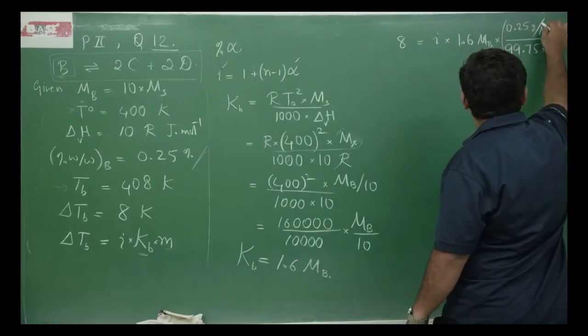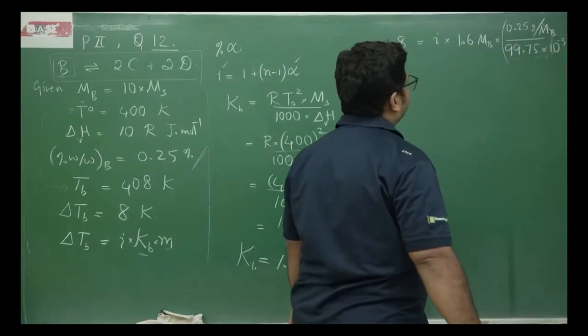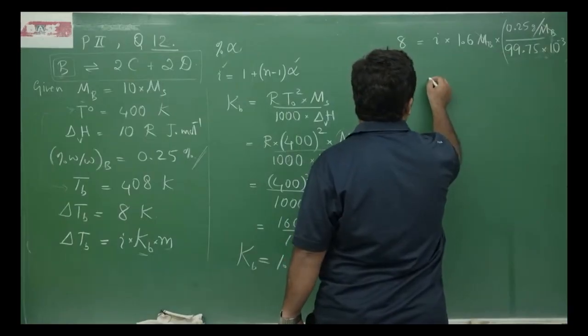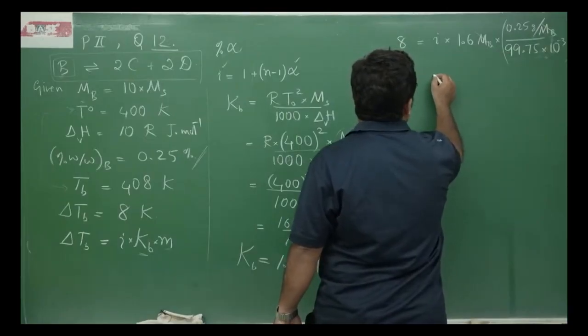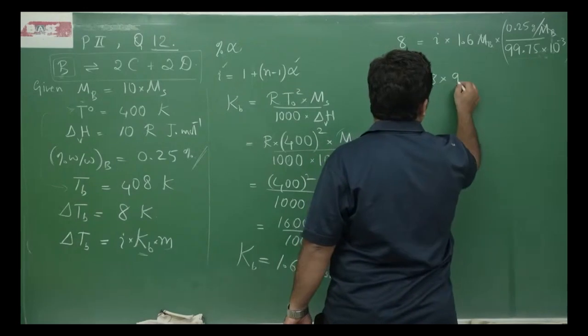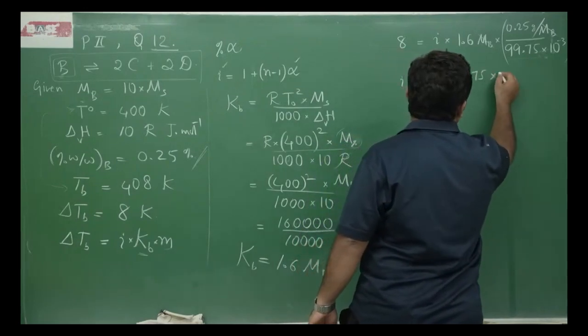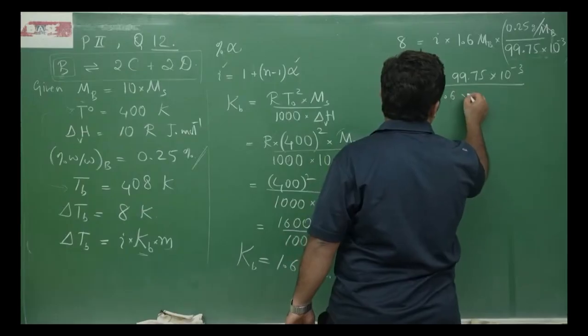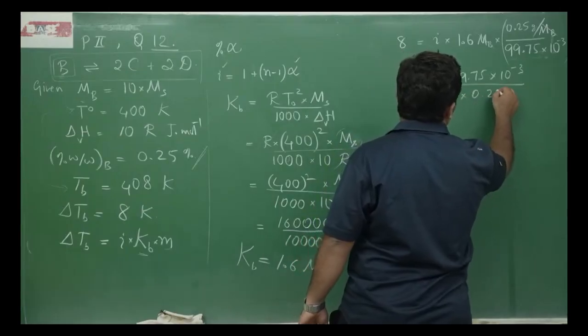So this molar mass of solute gets cancelled. Your Van 't Hoff factor will be equal to 8 into 99.75 into 10 to the power of minus 3, whole divided by 1.6 into 0.25.